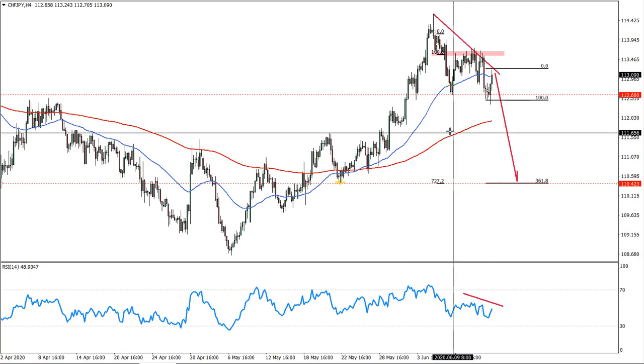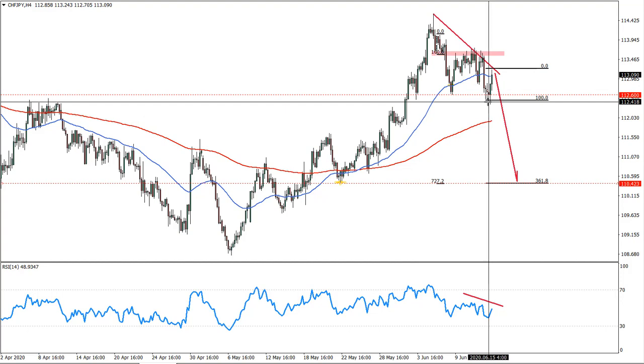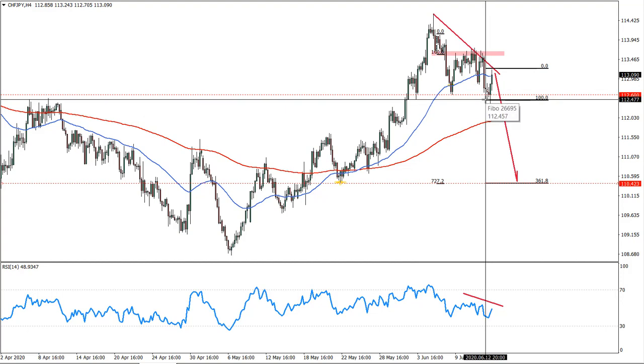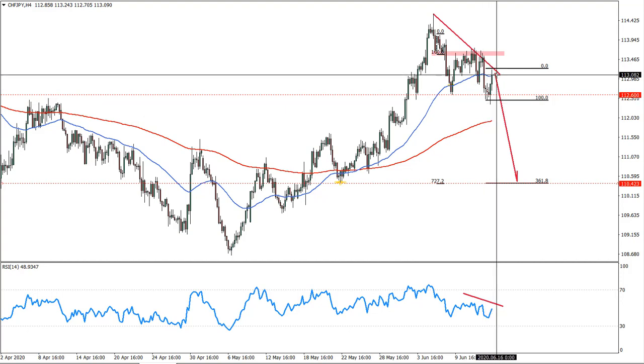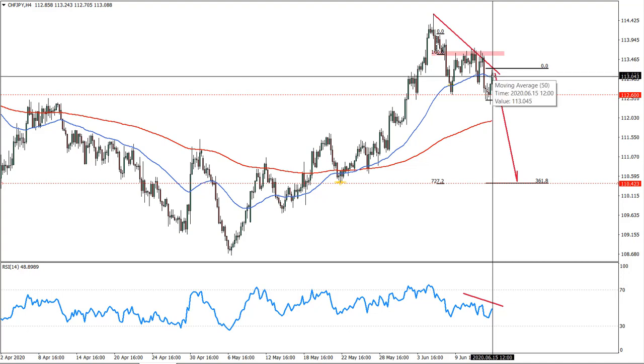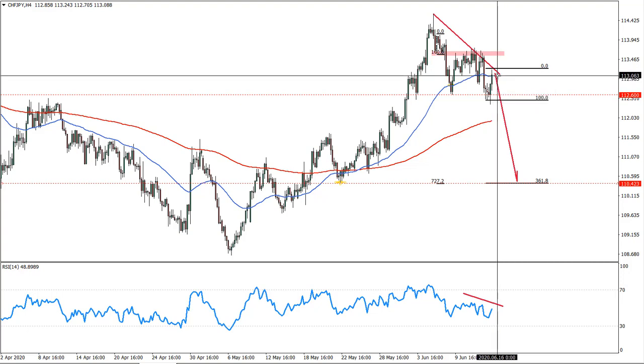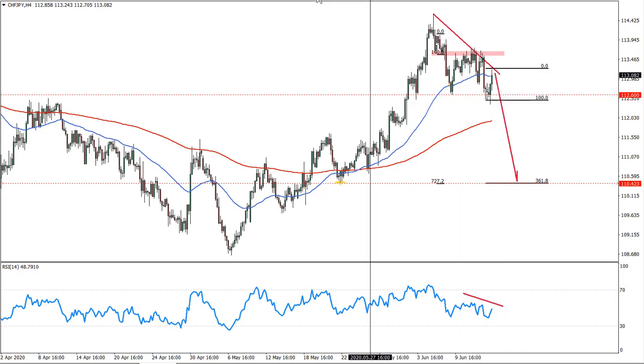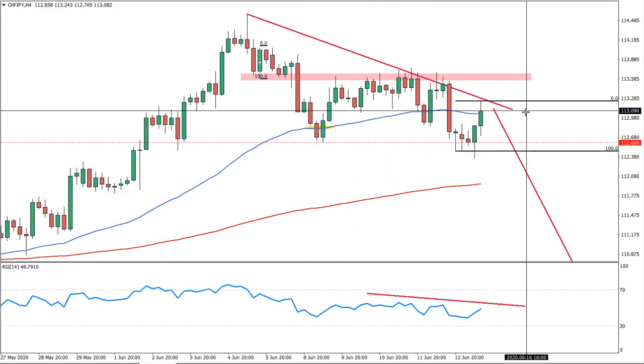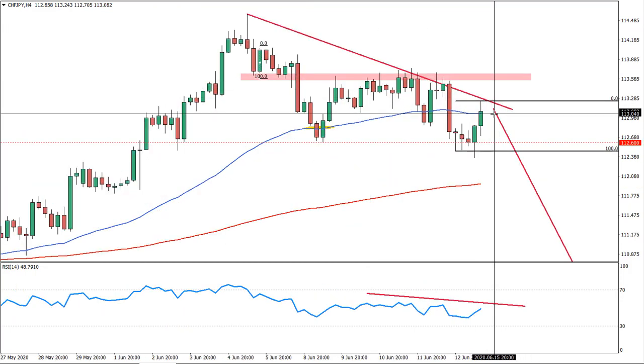If we move to the 4-hour chart, here we can see I used the initial low that was here, and we are currently also rejecting the moving average, as you can see. So price might be going to the downside. The best here would be to make sure that the price closes below the moving average and then initiate the trade.